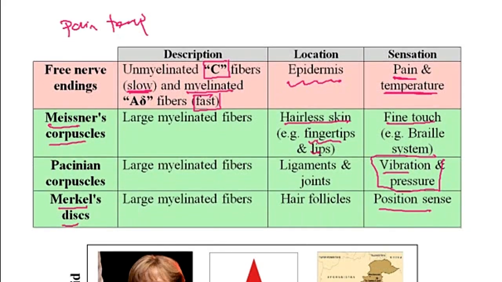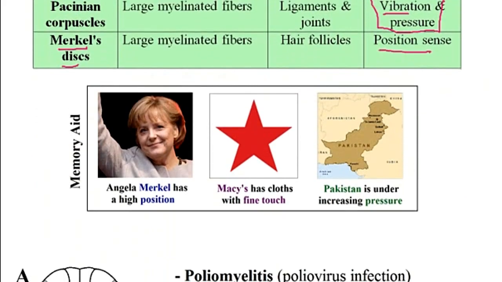So here I have provided you with some memory aids so that you would be able to recall the function of every one of these structures. The Merkel discs were used for the position sensation. So the first memory aid is that Angela Merkel has a high political position. With the Meissner's corpuscles, their function was for fine touch, like for instance for detecting the Braille system.